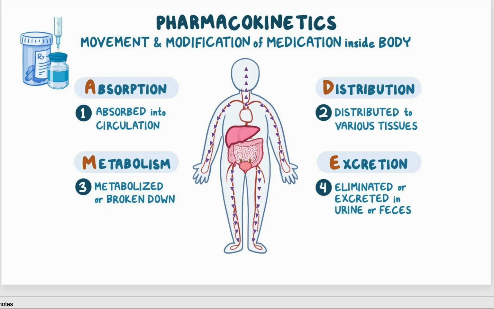Then it must be absorbed into circulation and distributed to various parts of the body. After distribution comes the third part, metabolism, where it is metabolized or broken down. Once that happens, it becomes a metabolite and its work is done. Finally, we want it excreted and eliminated from the body. So, ADME.